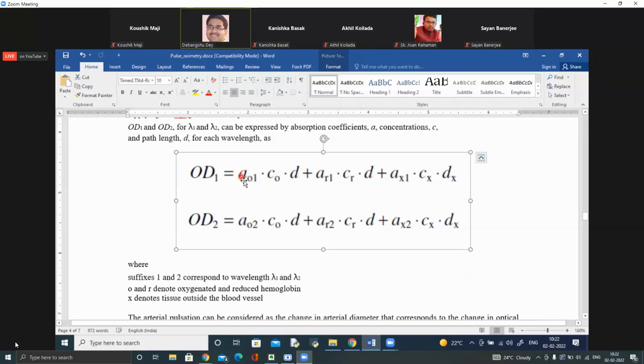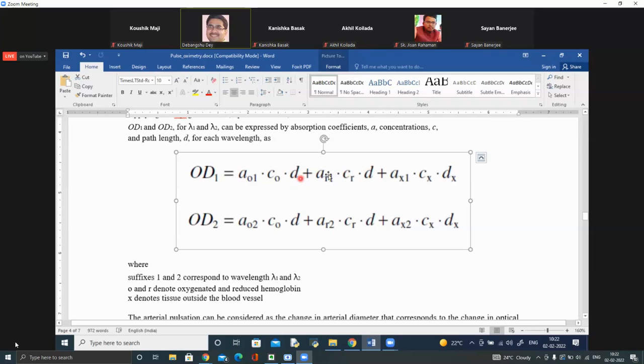A means absorption coefficient of your HbO2, CO is the concentration of HbO2, D is the path, that means some blood vessel thickness. Similarly, AR1 is the absorption coefficient of reduced or deoxygenated blood at wavelength 1, CR is the concentration of that hemoglobin and D is the thickness.